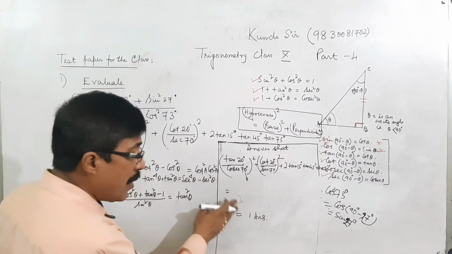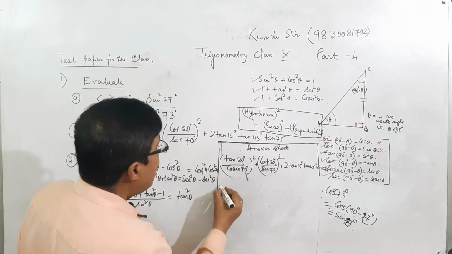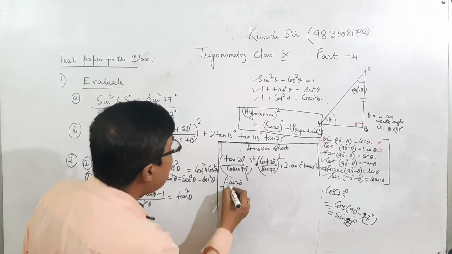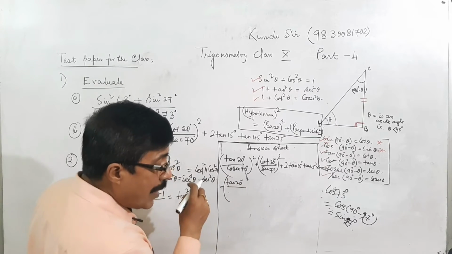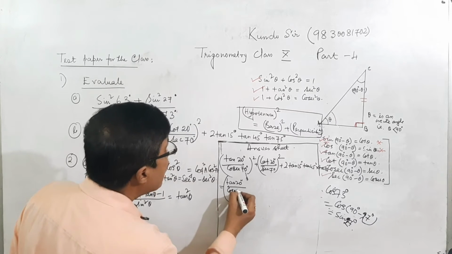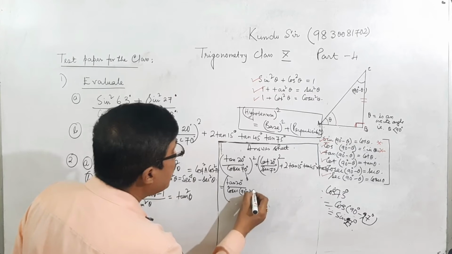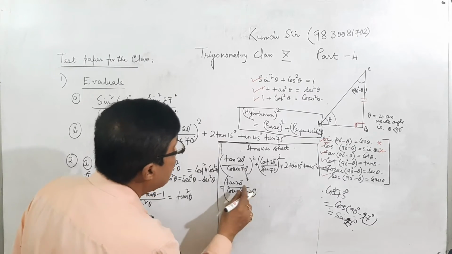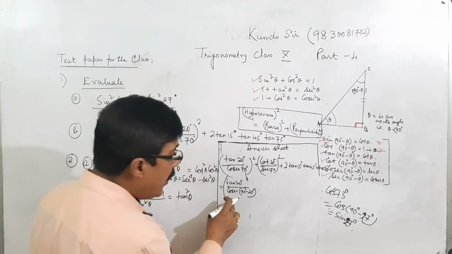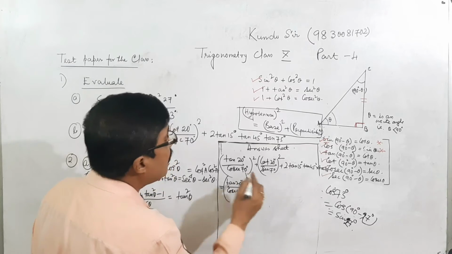It is the problem we are doing. Tan 20 degree, and we know cosec 90 degree minus 20 degree can be written here, and cosec will be converted into sec in the next step.